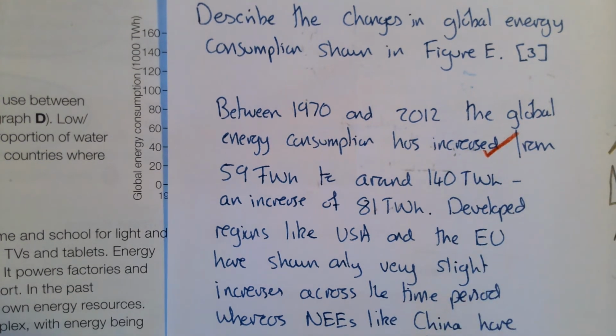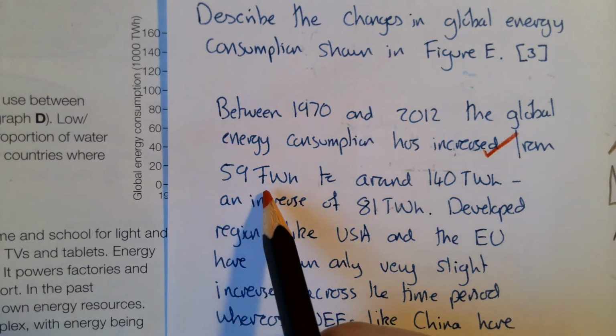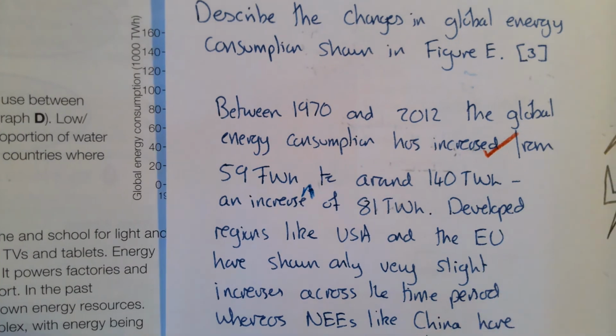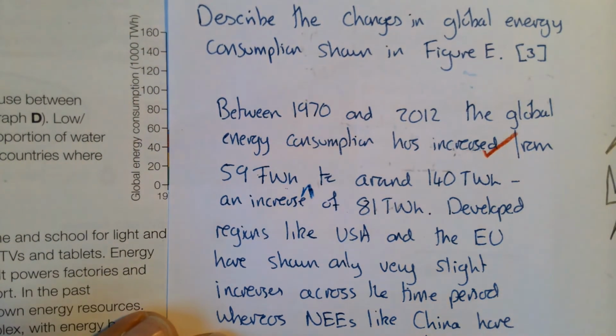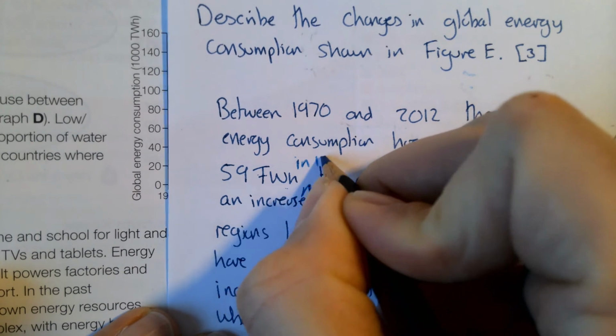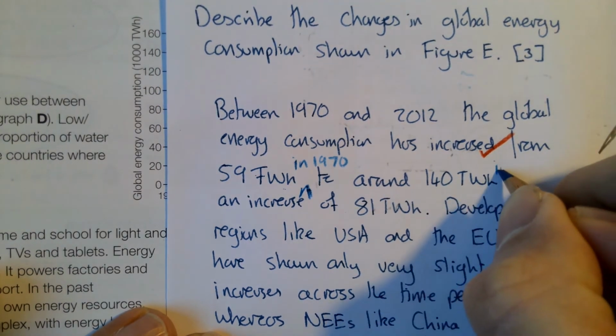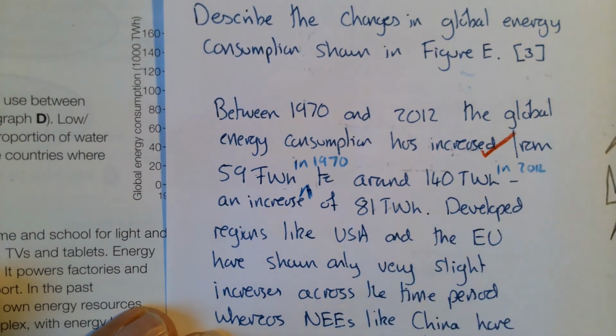If you exemplify it by using figures from the graph and dates, you can say from 59 terawatt hours. In fact, I didn't add the date here, and so that would be not necessarily a mark loss, but it is lazy and sloppy of me. So I would say in 1970 to around 140 terawatt hours in 2012.